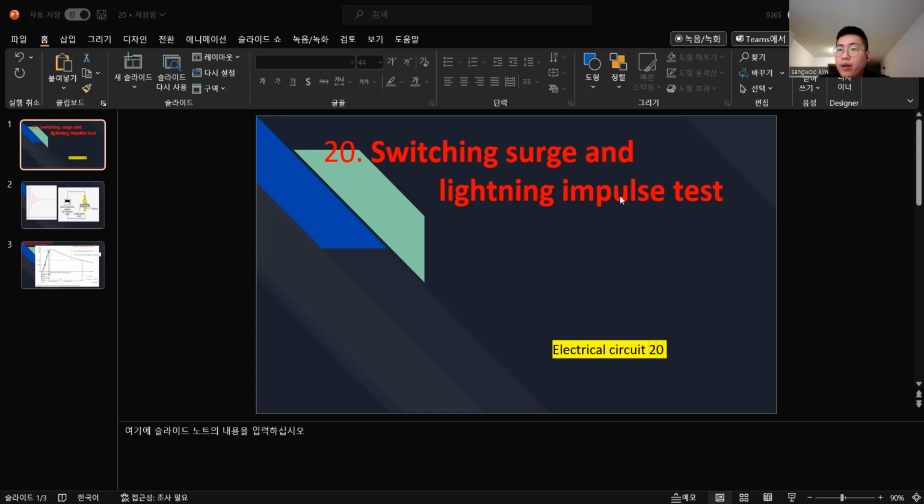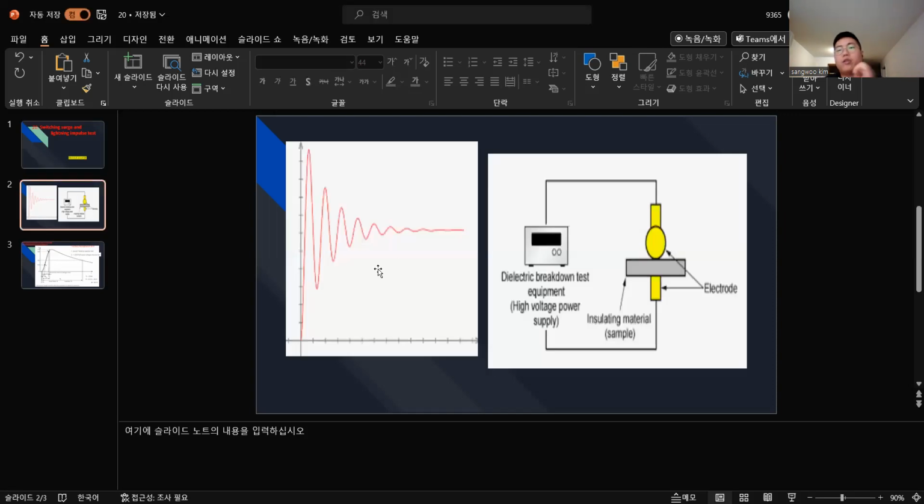Whenever we make an electrical device, like a transformer or a CB, it needs to be checked with this test, the lightning impulse test. As I said, the LC transient response and vibration happen in the circuit. And then there's a dielectric breakdown test.